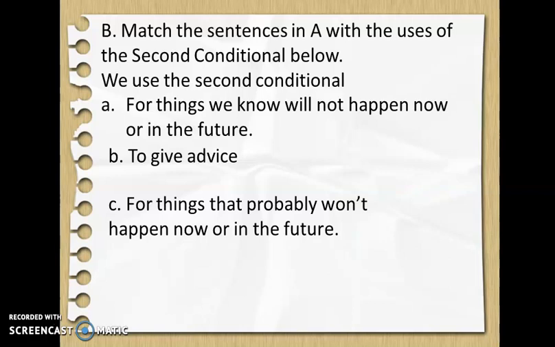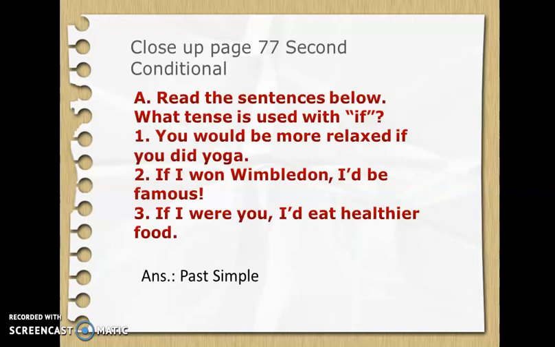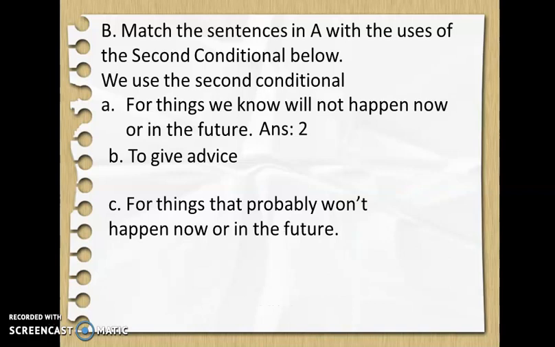Okay, let's do one. For things we know will not happen now or in the future, the answer is number 2. If I won Wimbledon, I would be famous. Because we know it will not happen now or in the future.